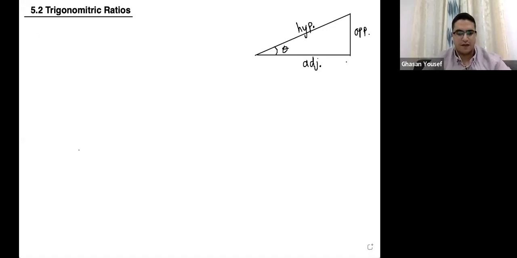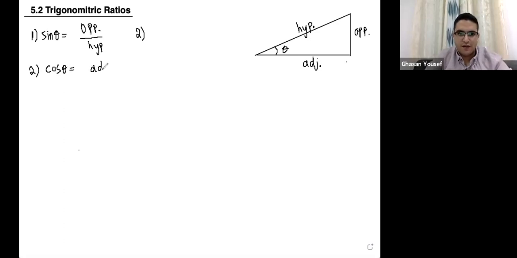So first of all, we have to know, number one, the sine of this angle is equal to the opposite over the hypotenuse. Number two, the cosine of this angle is equal to the adjacent over the hypotenuse.